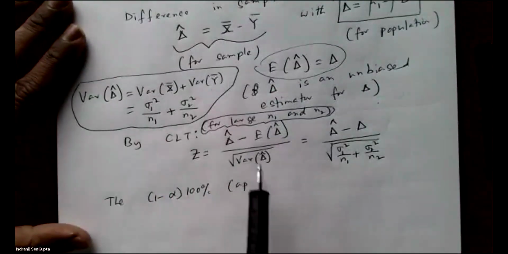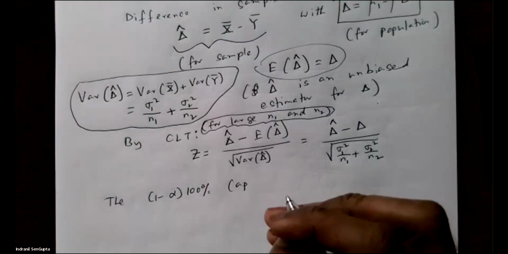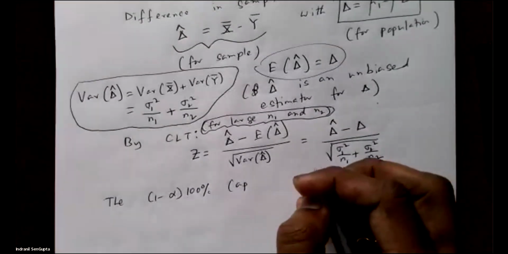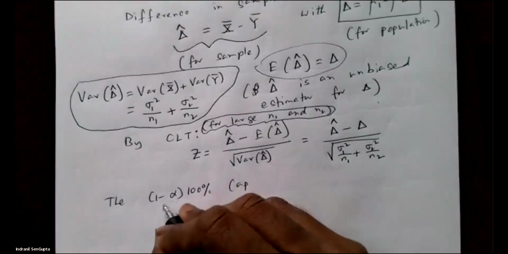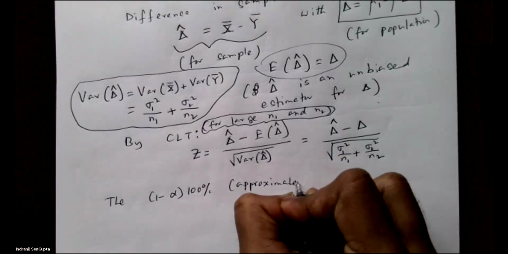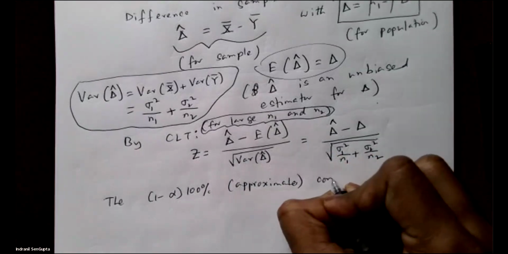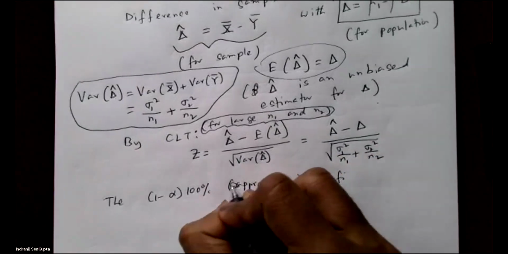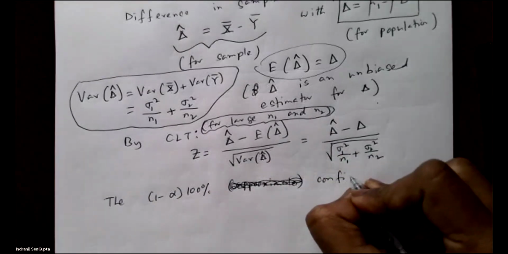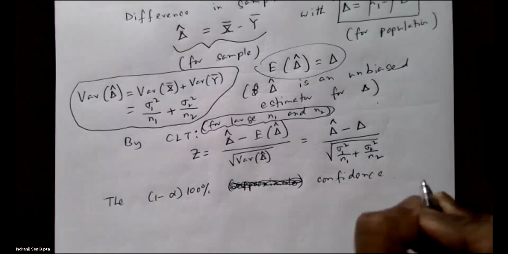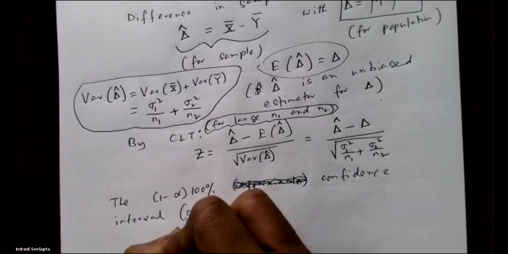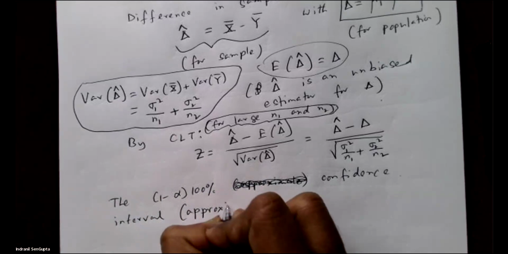So here we don't assume anything about normality. So it's basically approximate. Let me just write approximate after the confidence interval, otherwise it looks like this is exact.